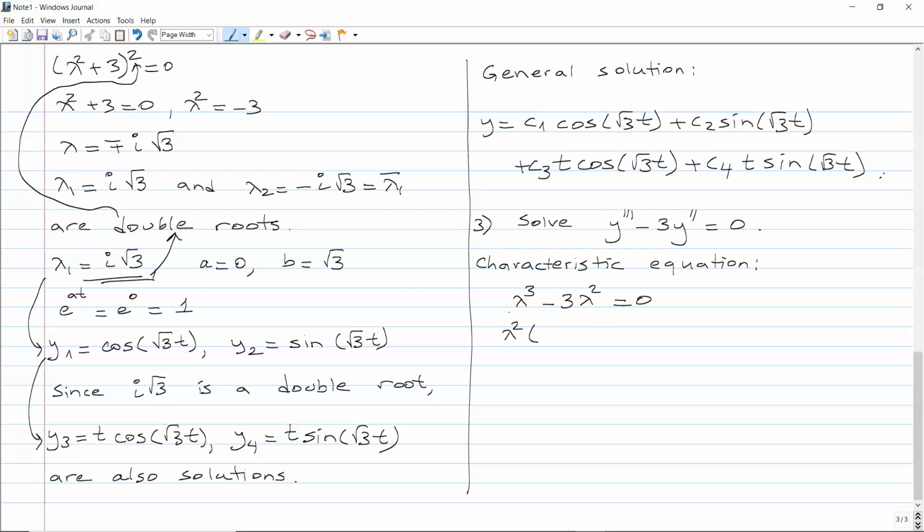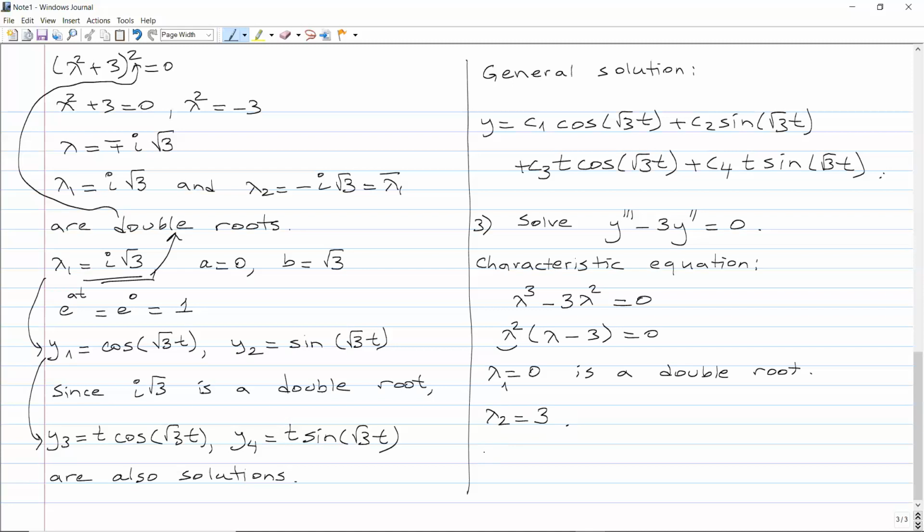If you factor out lambda squared, we have lambda minus 3. So from lambda squared equals 0, we get the solution lambda 1 equals 0, but this is a double root. And from the other factor, we have lambda 2 equals 3.